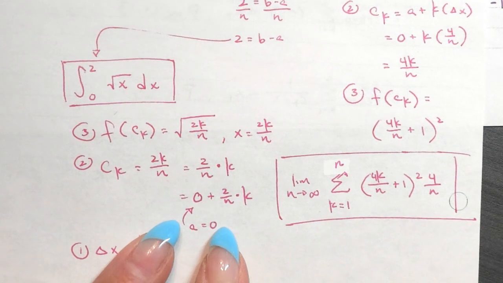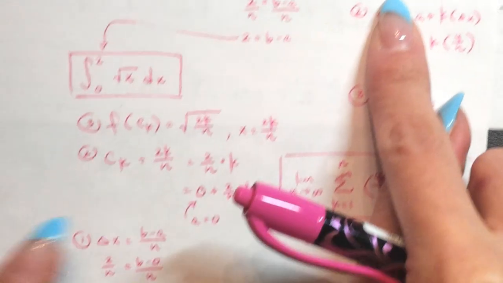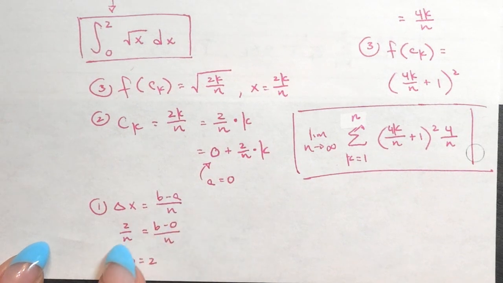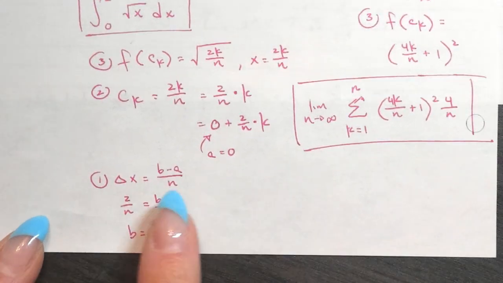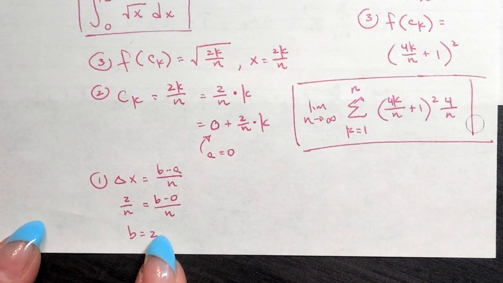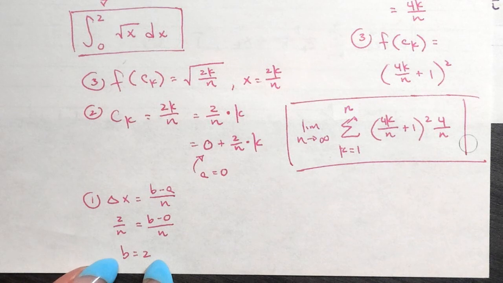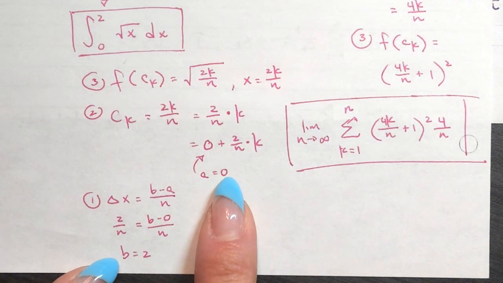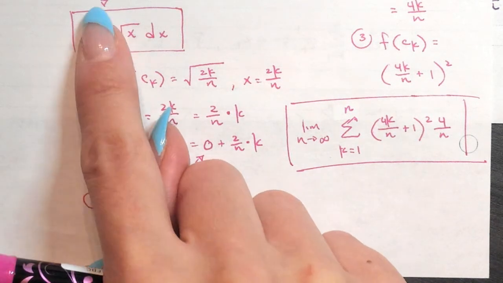So a equals 0. Okay, I'm going backwards. Now I'm doing this. So then this is supposed to be b minus a over n. I know that this is 2 over n. I know that a is 0, so b has to equal 2. Okay, so now I can fill in from 0 to 2, because I have a equals 0, b equals 2.